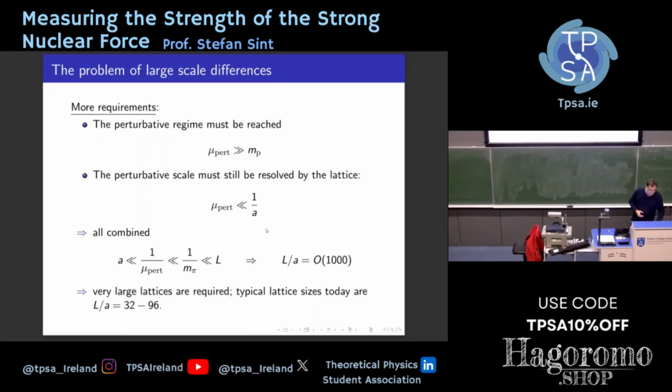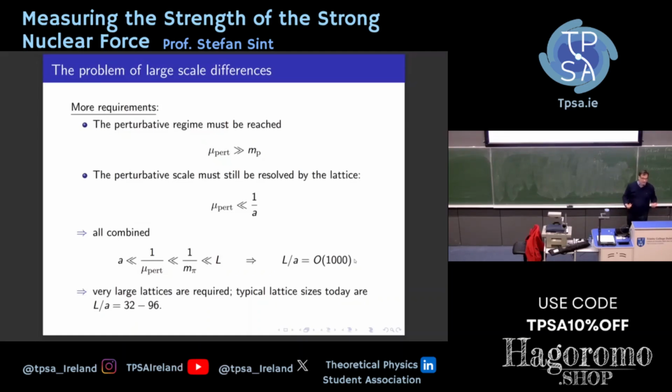It's just an artifact of the lattice. So we want to have mu, this large scale, still much smaller than 1 over a. And if you put these much larger than and much smaller than all together, then you find that a has to be very much less than L. And if you take it seriously, then you need 1,000 points in each direction, not just 48 that I had given as an example before.